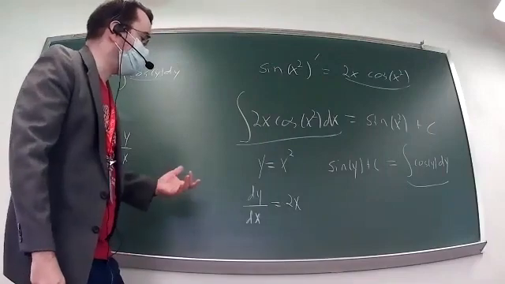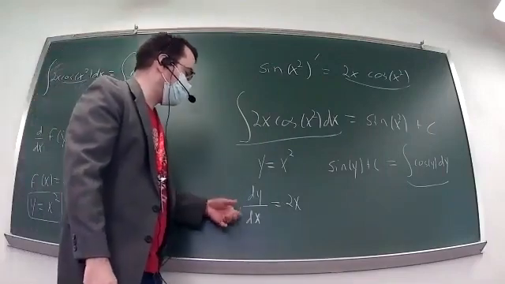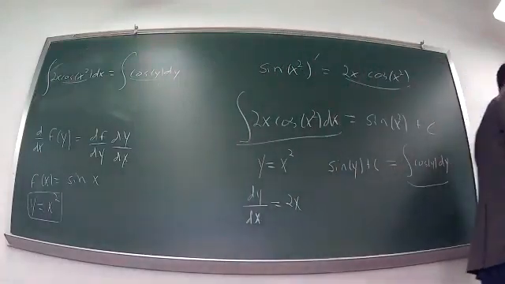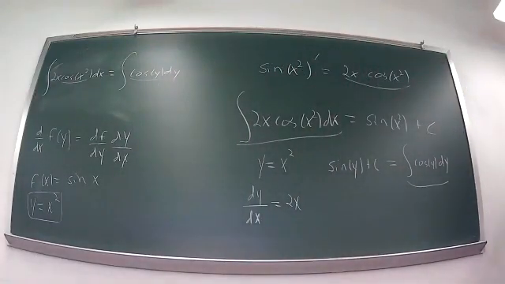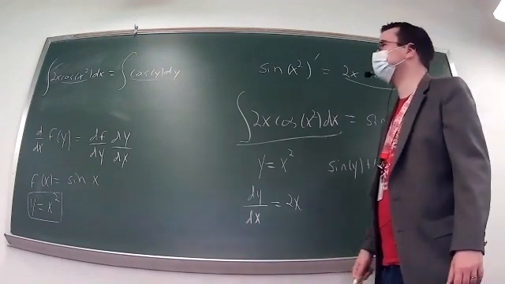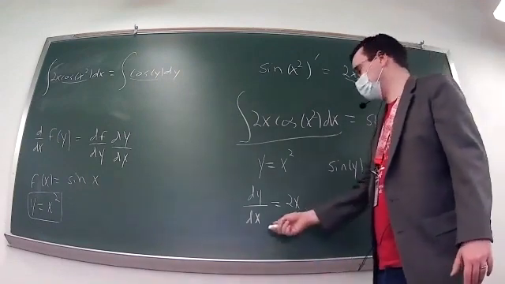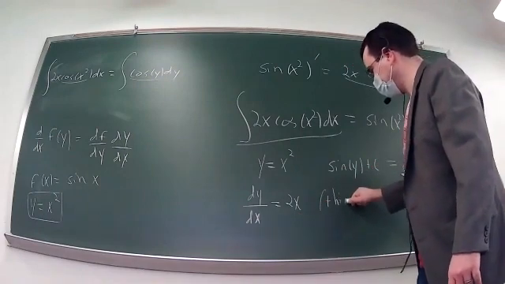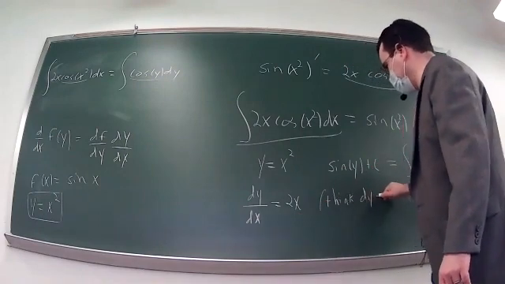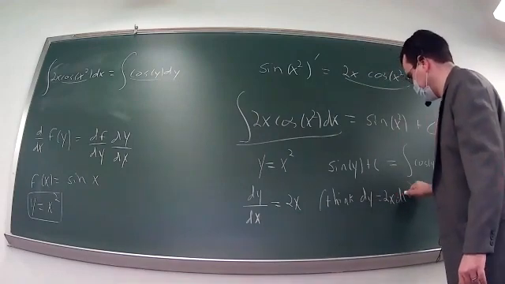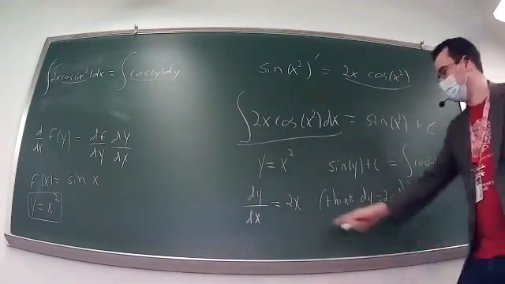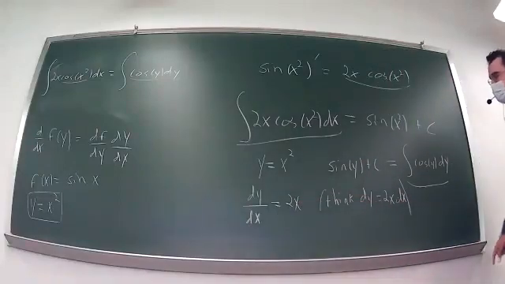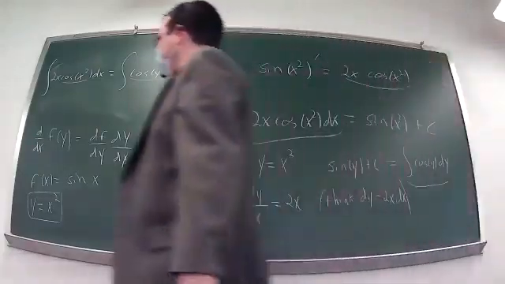And even if you know that dy dx is not literally a fraction, it's a limit of fractions, a limit of difference quotients, for the purposes of this formula it doesn't hurt you if you treat it as a fraction. So you can think dy equals 2x dx. Think of yourself as multiplying by dx and getting dy equals 2x dx. I'll explain more about that in a second.